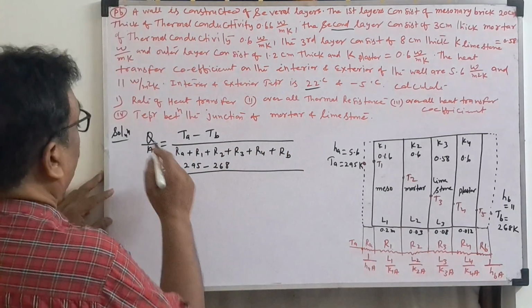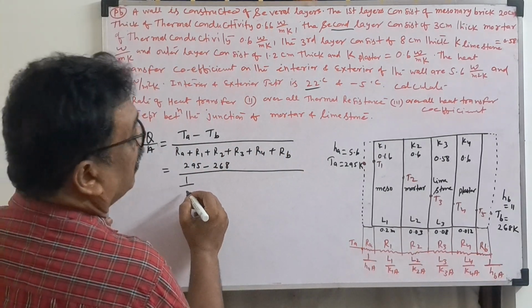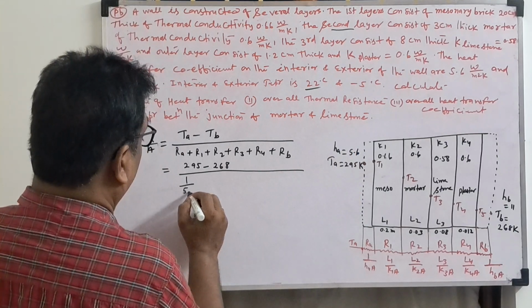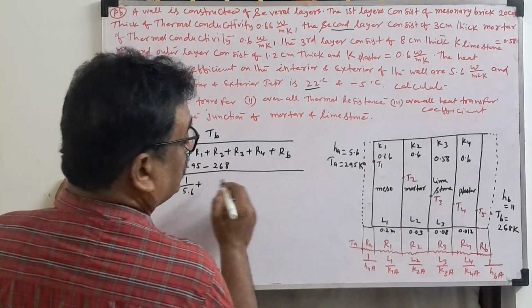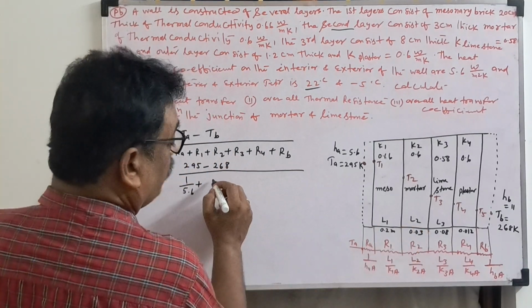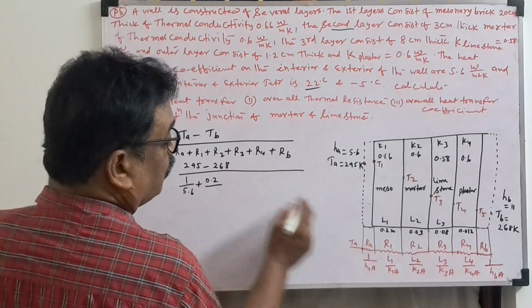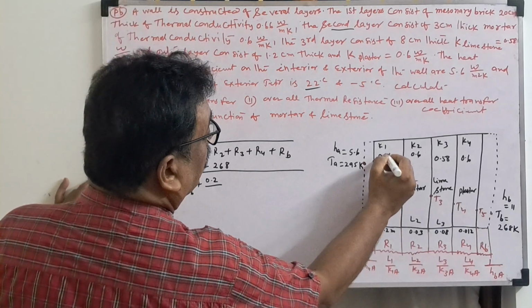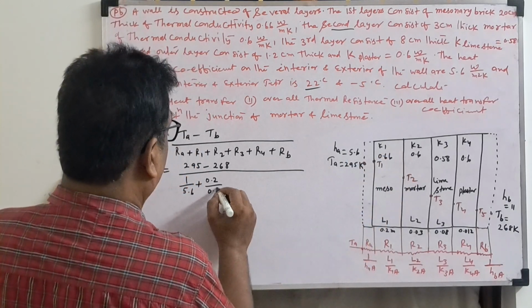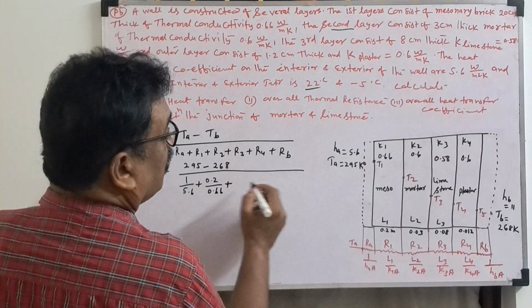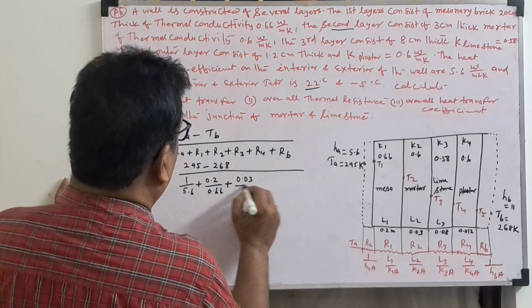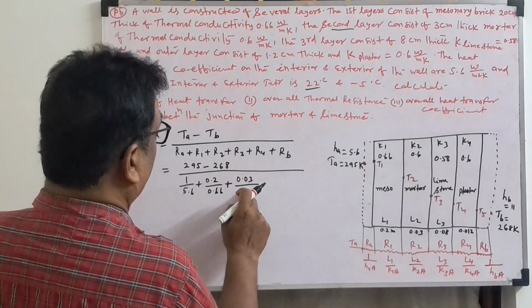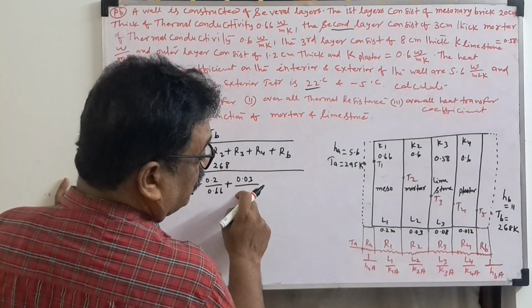So directly I am writing values. RA is equal to 5.6 plus R1, L1 by K1. What is L1? 0.2. What is K1? 0.66 plus, what is 0.03? R1 over R2 will be 0.03.